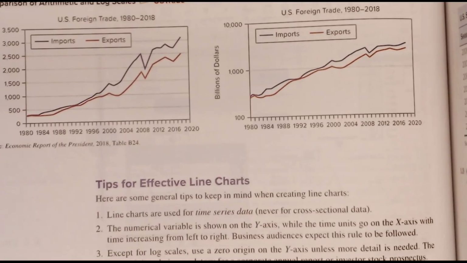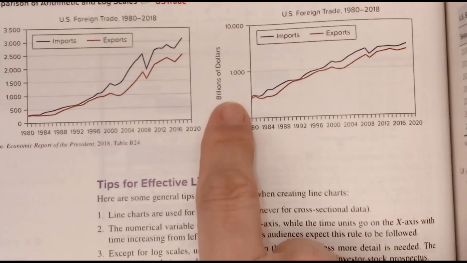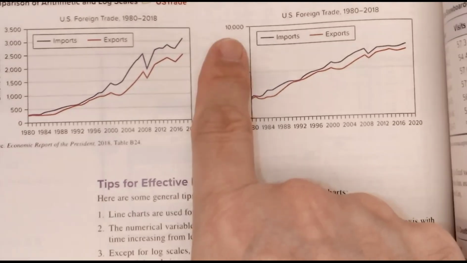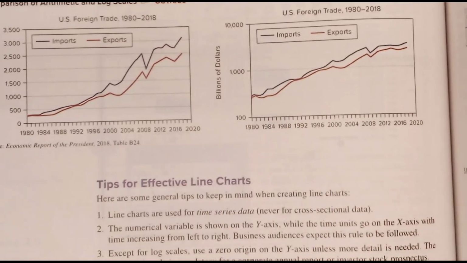We add the same value each time. In the right picture, those aren't arithmetic. Those are geometric or logarithmic, because we think of them as going up in powers of 10. So I go from 100 to 1,000, I go from 1,000 to 10,000. That tends to smooth out a lot of changes.